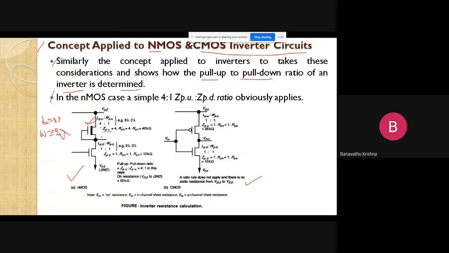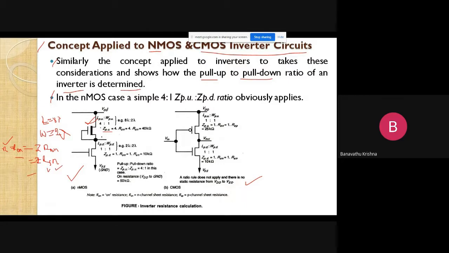So that's why R on, for the pull up transistor, is Z into R S. It is the resistance of the on transistor, R on equals Z into RS for N channel, where RS is the sheet resistance for N channel.